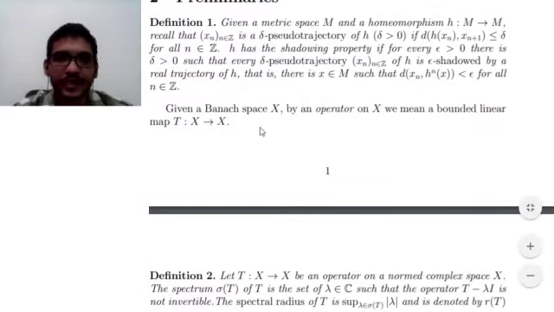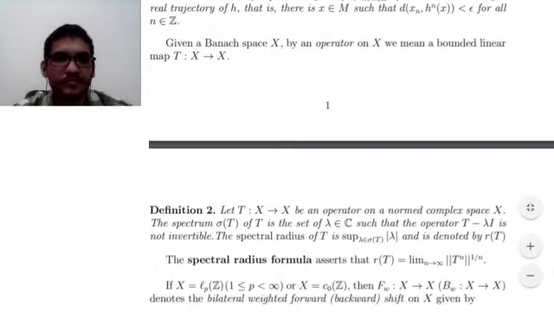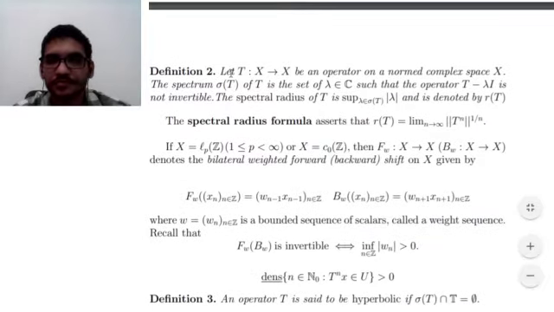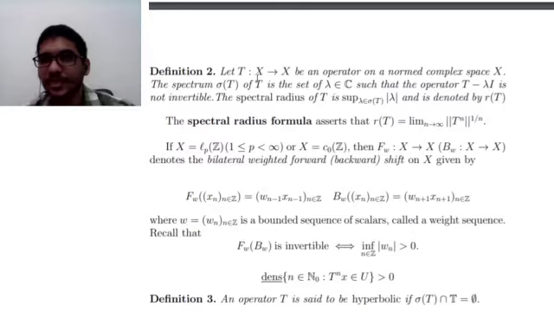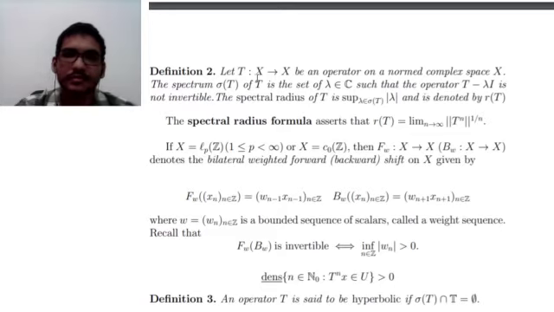Given a Banach space X, by an operator on X we mean a bounded linear map T from X to X. Okay, definition 2. Let T from X to X be an operator on a normed complex space X. The spectrum sigma of T is the set of lambda in the complex numbers such that the operator T minus lambda identity is not invertible.